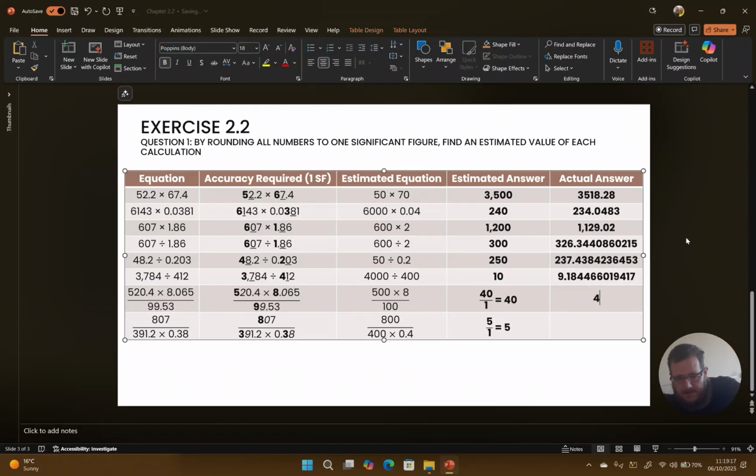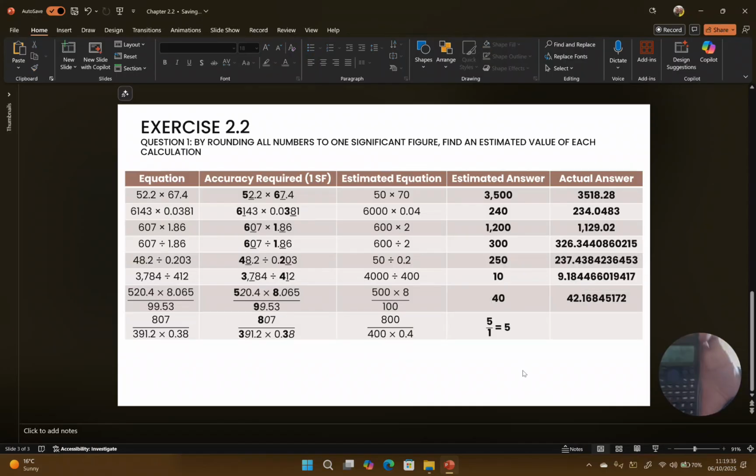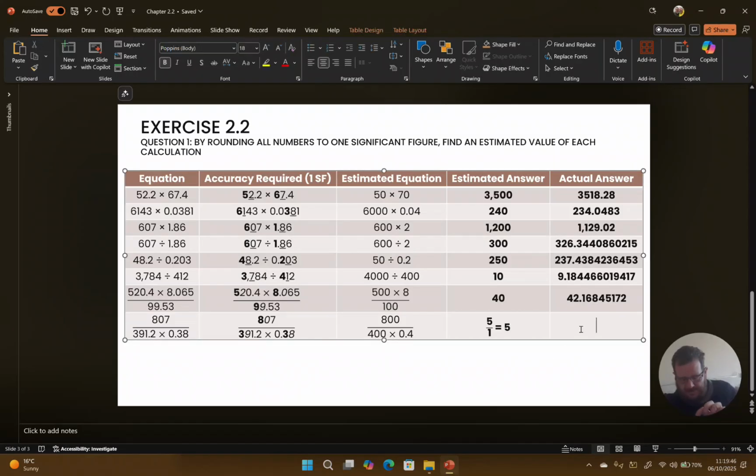Right. We have 1, 2, 3, 4, 5, 6, 7, 8. Is that 168.45172?